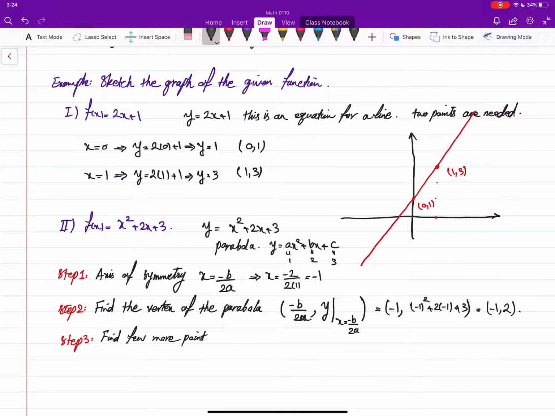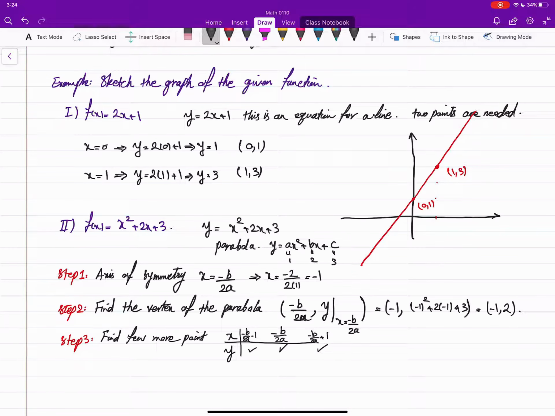In different books you will see different things, but usually whatever the minus b over 2a is, you take negative b over 2a plus 1, and negative b over 2a minus 1. In some literature, you will also see plus 2 and minus 2. So plug in those values for x and find values of y.